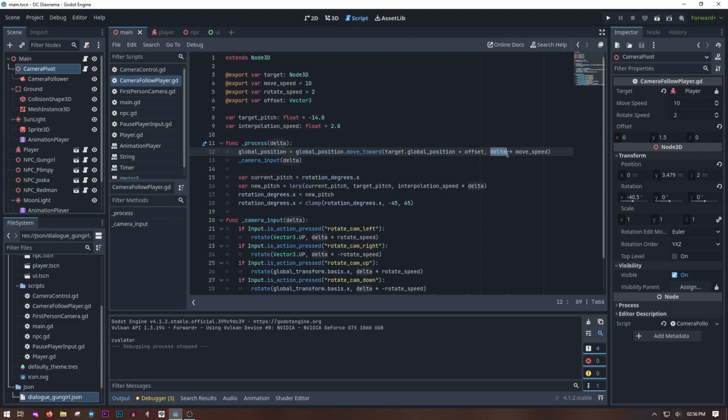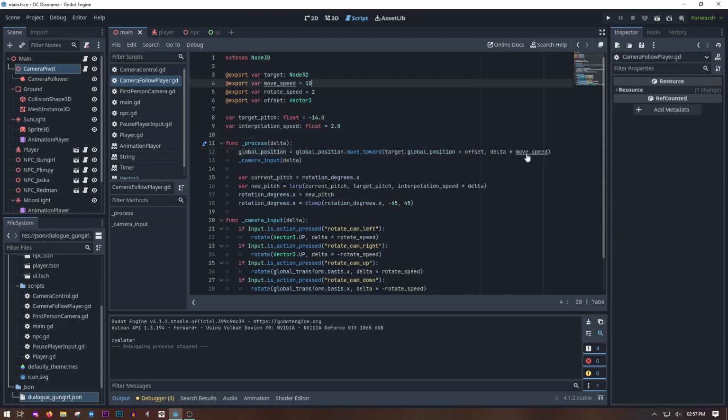And then the delta, so we move towards this vector 3 position, which is the global position plus the offset, comma delta times move speed. So this is the location, move towards this location at this speed, I think. So that's how that works.